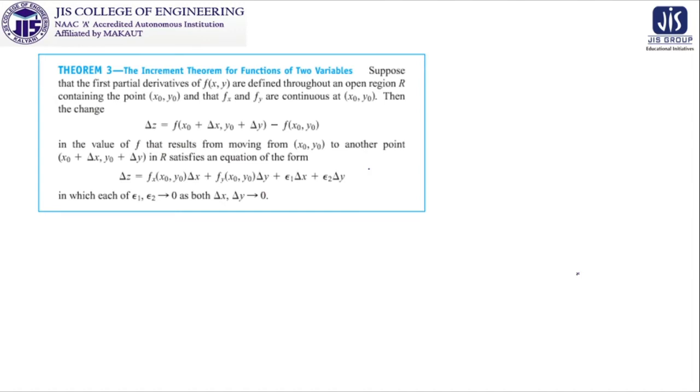We are starting with a theorem. We will need it as a property, and this is the increment theorem for functions of two variables. What is the meaning of that? The meaning is that the first partial derivatives of f(x,y) are defined throughout an open region R containing the point (x0, y0), and that fx and fy are continuous at (x0, y0).